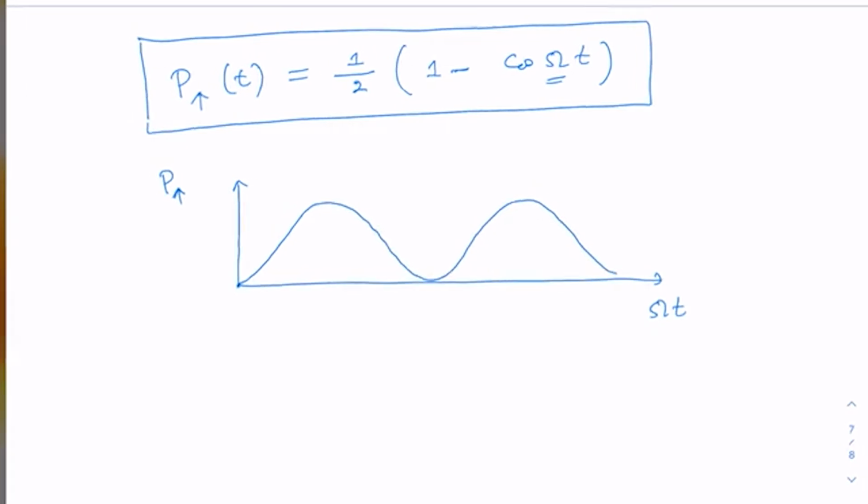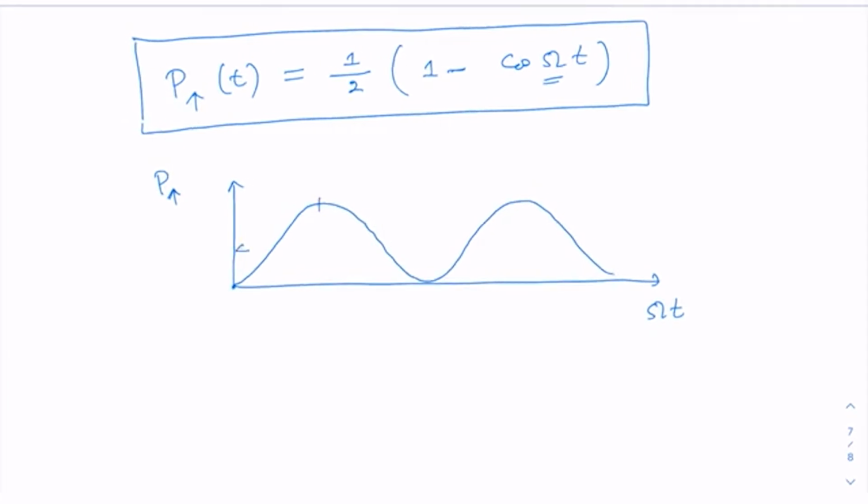When omega t is equal to pi, we will get the system in the excited state, which we termed a pi pulse. Then after 2 pi, the system will be again in the ground state, and so on. This oscillation is known as Rabi oscillation.